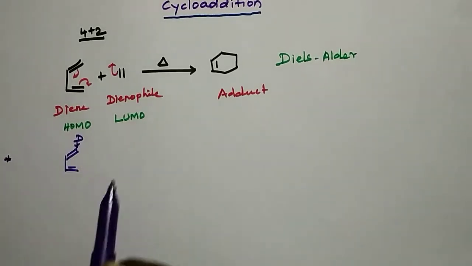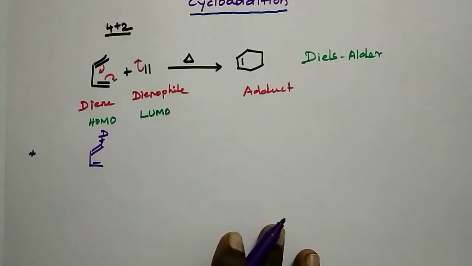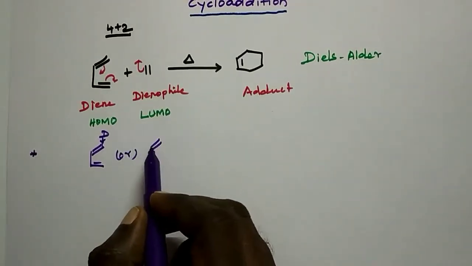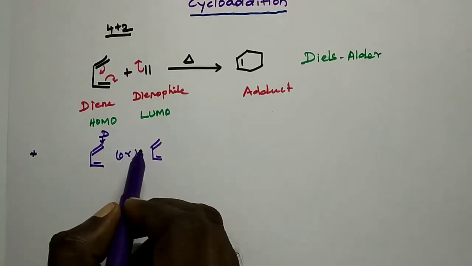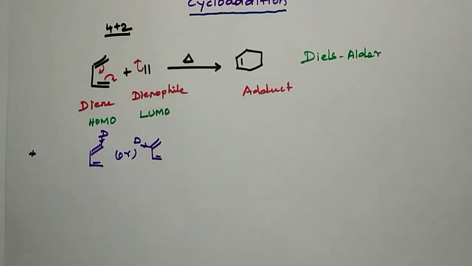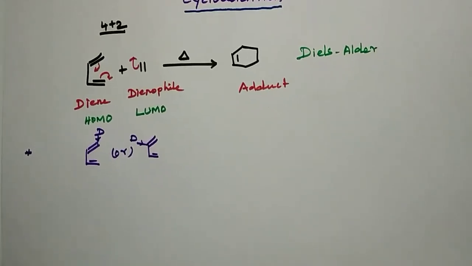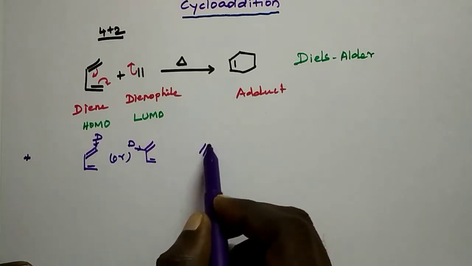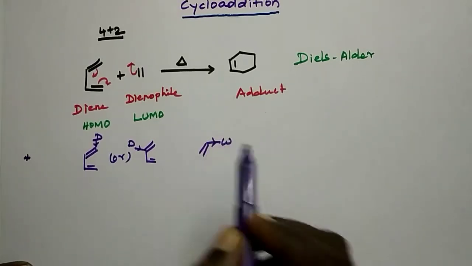You need to have an electron donating group here, or here. So overall the diene should be electron rich and the dienophile should be electron deficient. You need to have an electron withdrawing group.